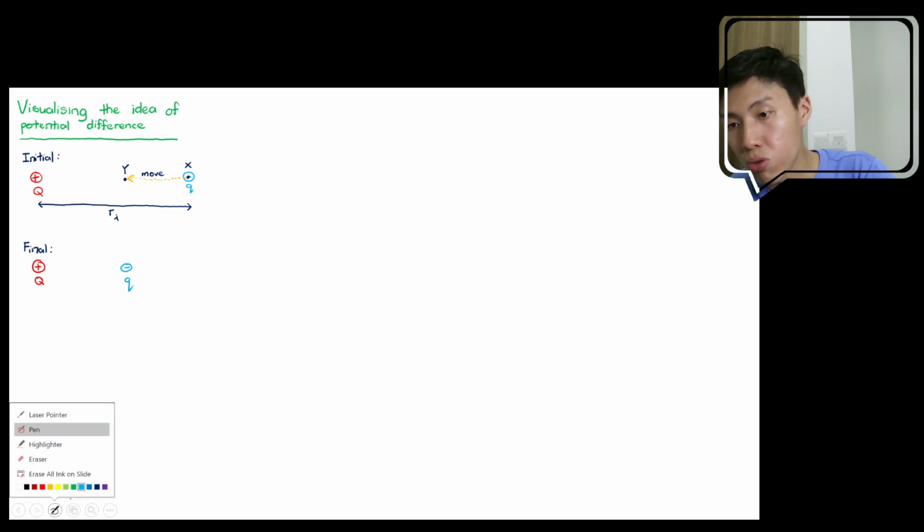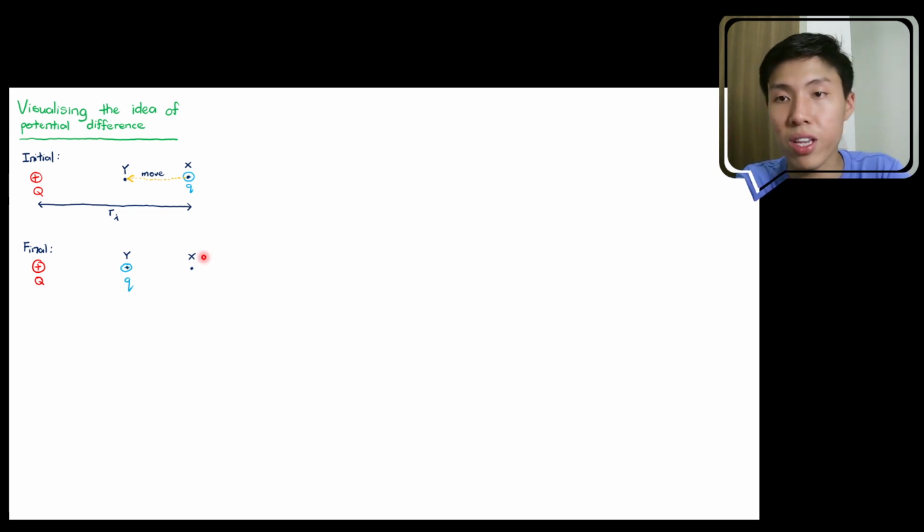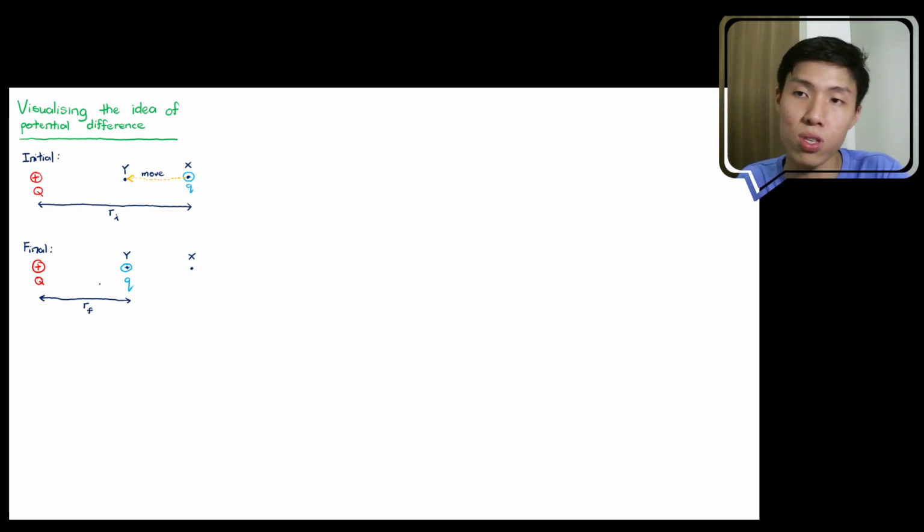Okay, so position X and position Y are still the same place. This is still position X, this is still position Y. But right now the charge has moved from position X to position Y. So right now the distance between them, I'm going to call RF, representing the final distance between big Q and small q.